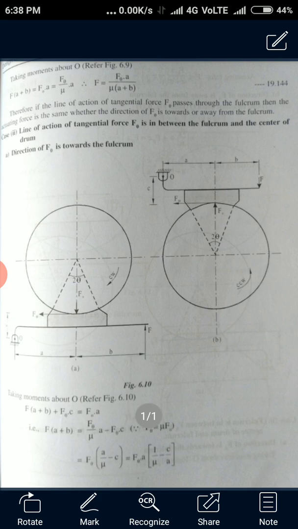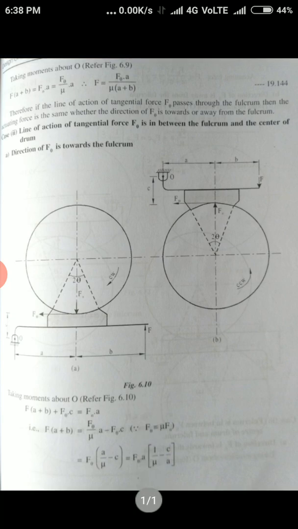So you can see the C term comes here. C is the distance between the fulcrum O and the F theta. In the earlier case, F theta was passing through O, hence C equals 0. But here, since F theta is between O and the center of the drum, there is a gap, a distance between F theta and the fulcrum O.